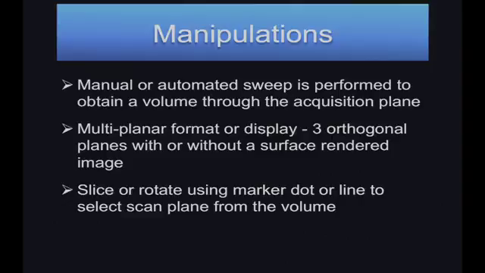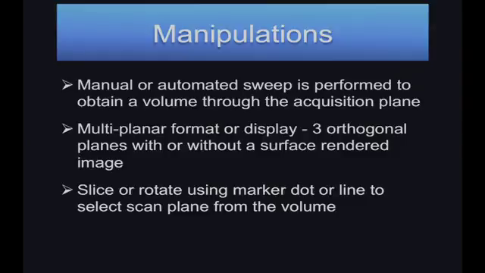So first, what are the manipulations that we need to use in order to reconstruct the image? First, there's a manual or automated sweep, which is performed to obtain a volume through the acquisition plane, which is usually the sagittal plane of the uterus. Then a multiplanar format or display will appear on the screen, which are 3 orthogonal planes with or without a surface-rendered image.